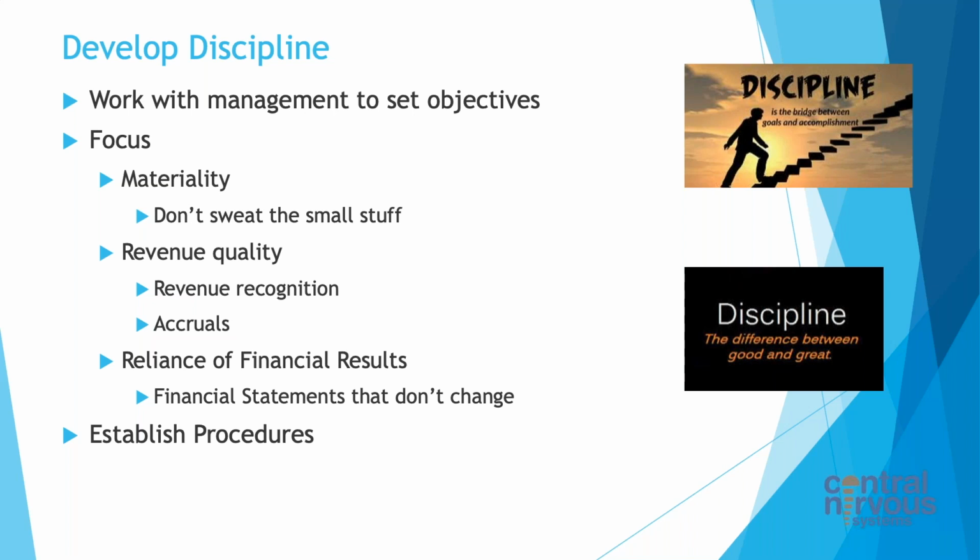Lastly, we want to have reliance in the financial results. So again, this is where we need to ensure that financial statements don't change. The first part of it is, we talked about materiality and don't sweat the small stuff.